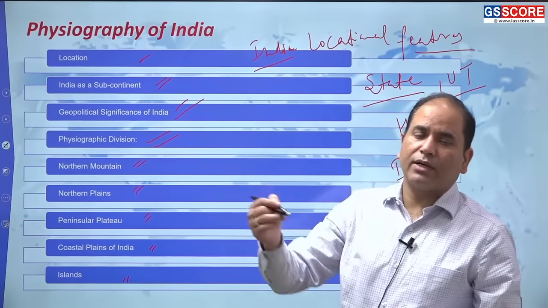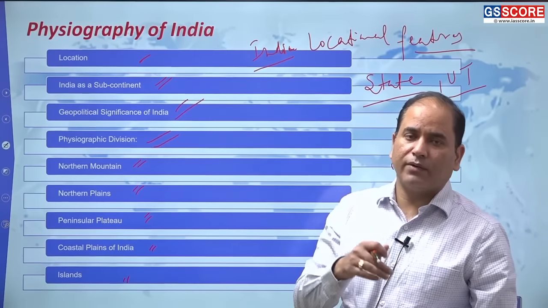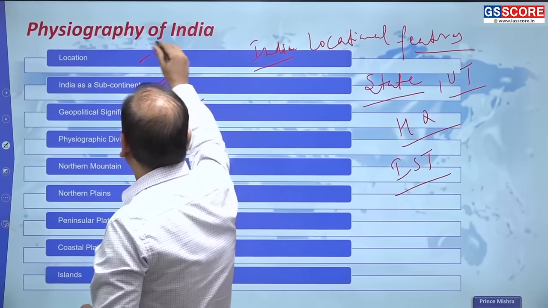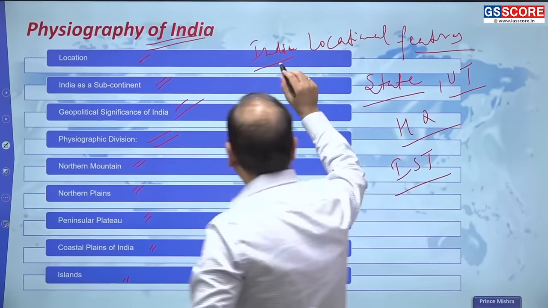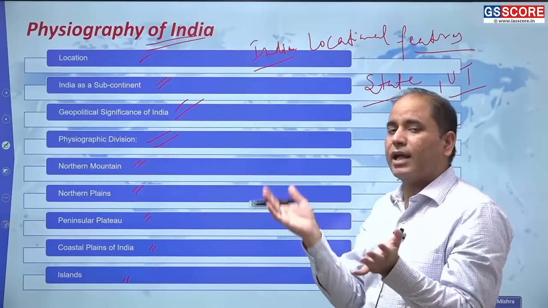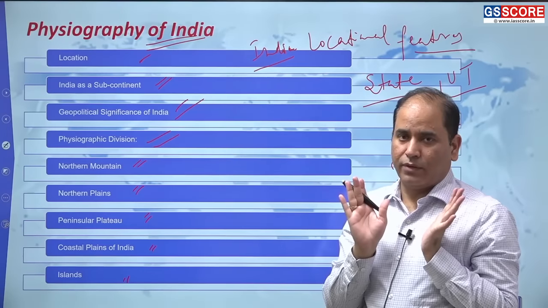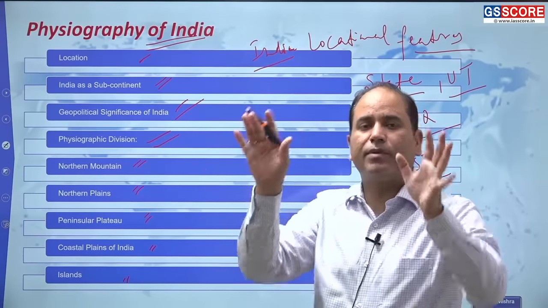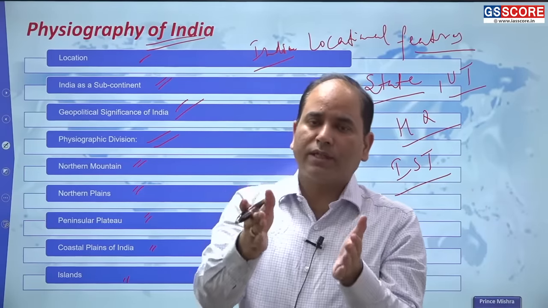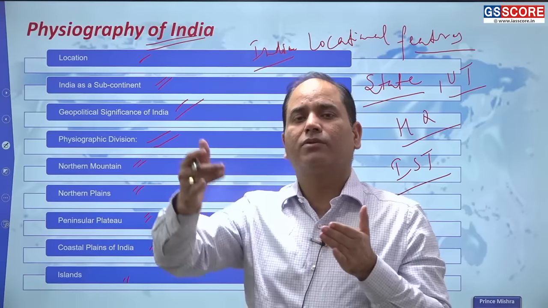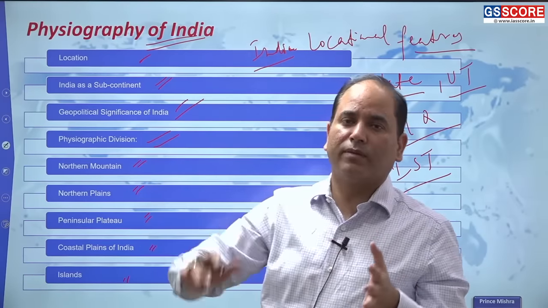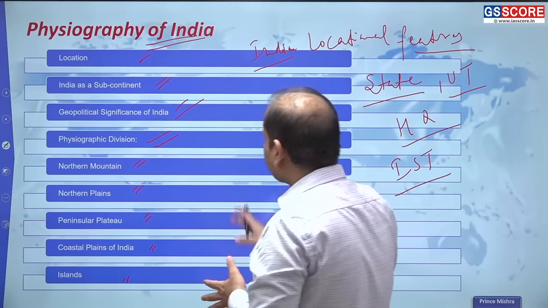So when you start looking at the first topic of our Indian physical, that is Physiography of India, you will first get familiarized with India, not only as a geographical entity but as a particular country. Along with the geographical entity, you are also supposed to look at some of the political entities.